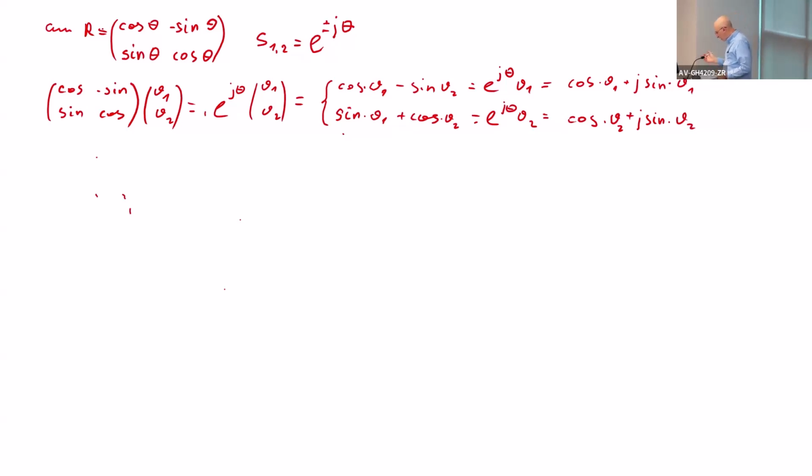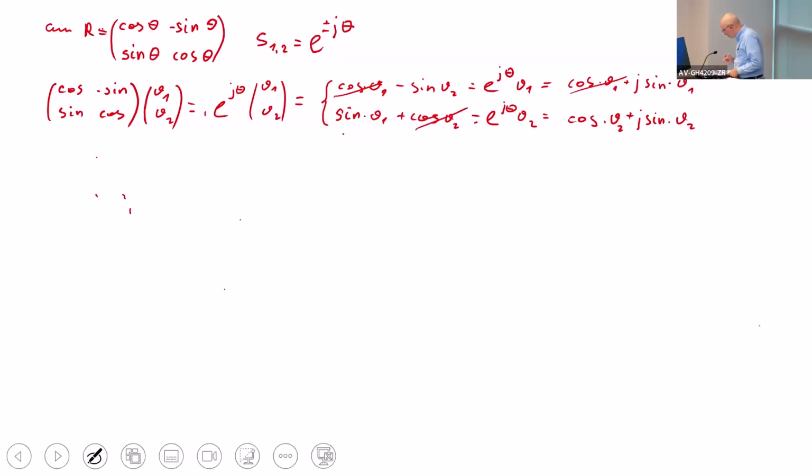Now things are canceling out. Cosine v1 cancels with cosine v1, and cosine v2 cancels with cosine v2.